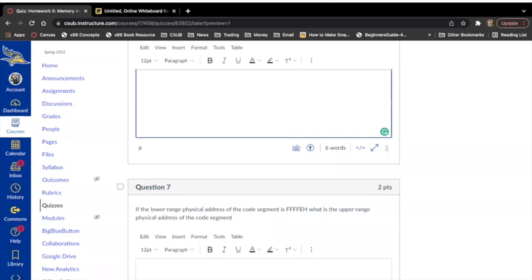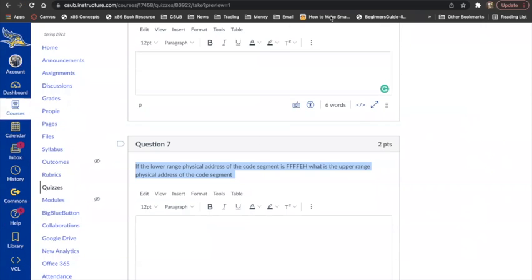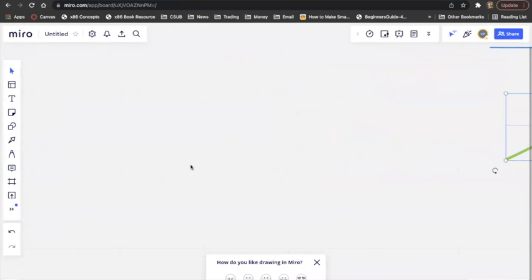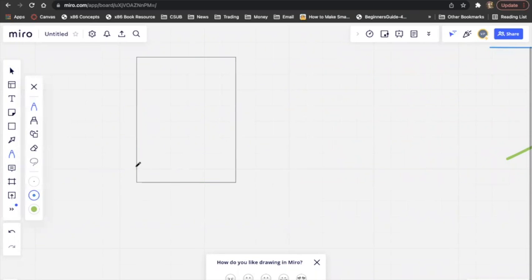Okay, so for this we will draw, so let's try to draw this. So we have a block of memory. Okay, let's just say this, this, this.